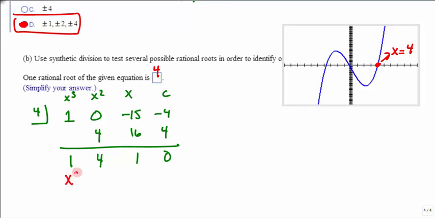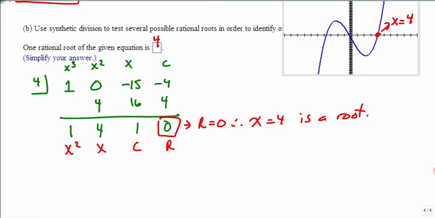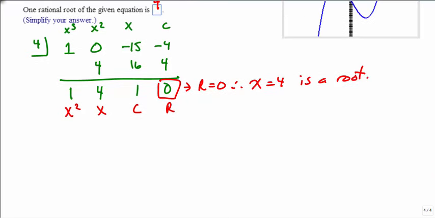X cubed becomes x squared becomes x becomes constant, and my remainder is a 0. So remainder equals 0, therefore x equals 4 is a root, or a solution, or a 0. So again, this is what we have going on. We had x cubed minus 15x minus 4 equals 0.